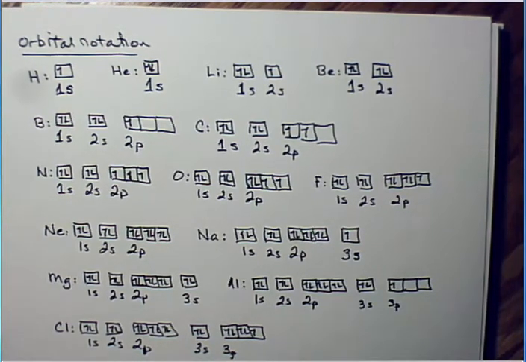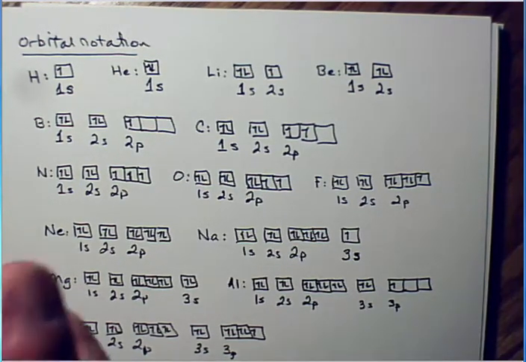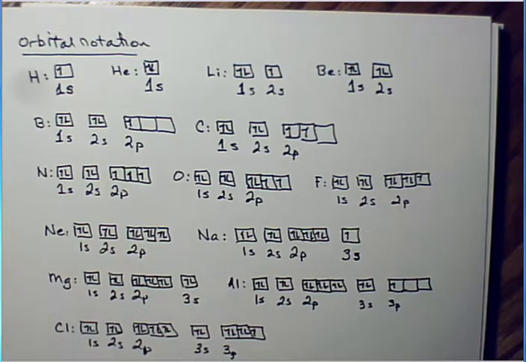We'll talk about that next. Noble gases have a completely full outer energy level, and that's called the valence level.